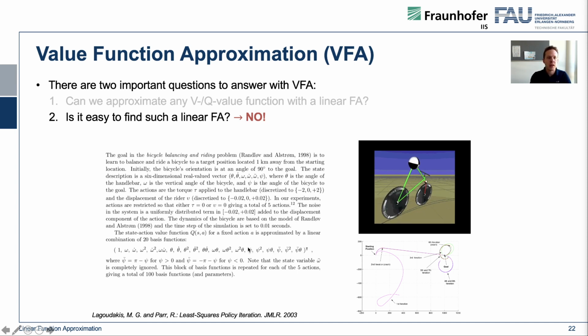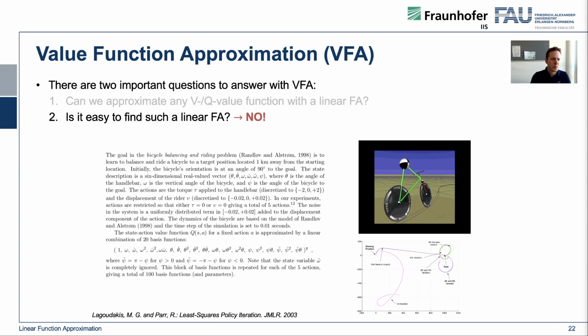But what you also see here is that coming up with a number of linear basis functions is not a naive thing to do. On the one side, you want not to have too many of these basis functions because you have to find parameters that describe their combinations. And you also need them to be complete to define your Markov state well and to define your control problem well, to know that you can actually solve this with this representation.